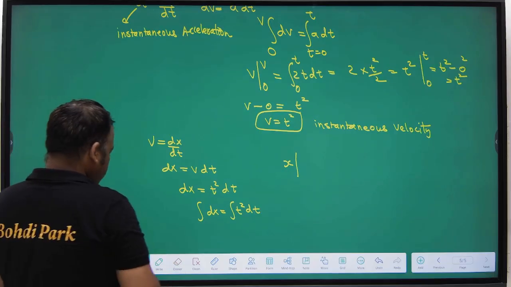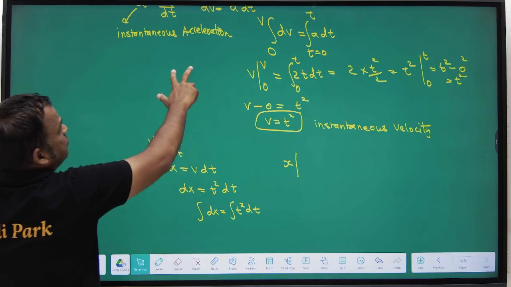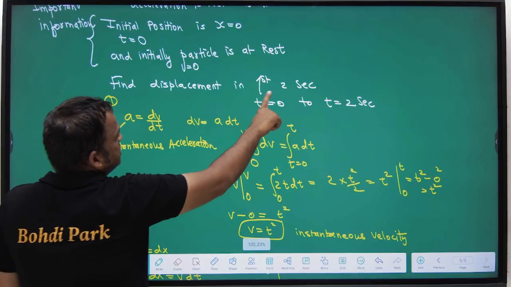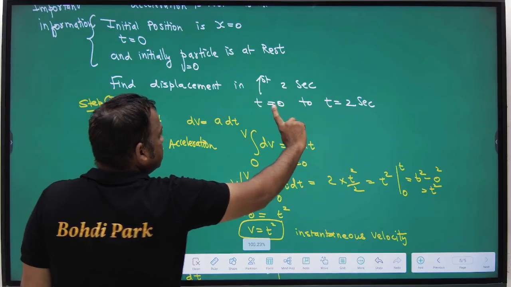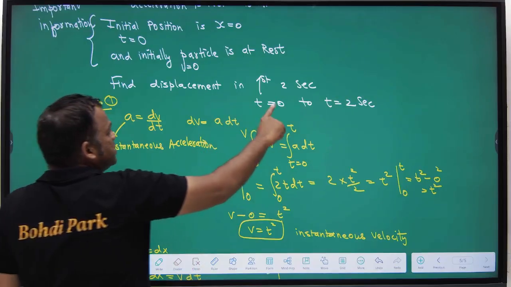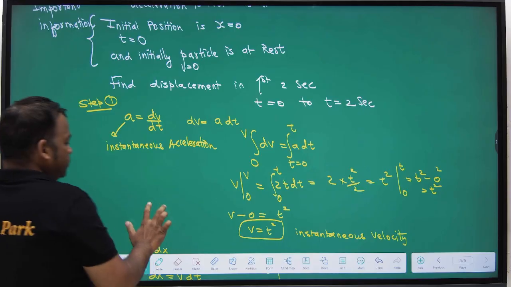So let's go back to question. In question they are asking displacement in first 2 seconds, means the limits of time is 0 to 2. So lower limit of time is 0, upper limit is 2.